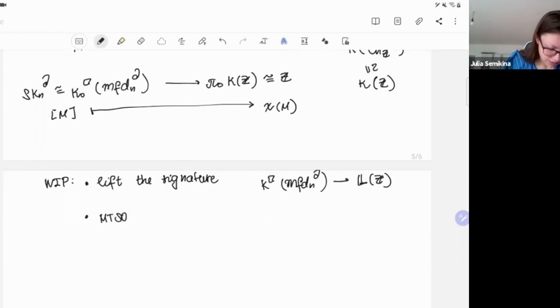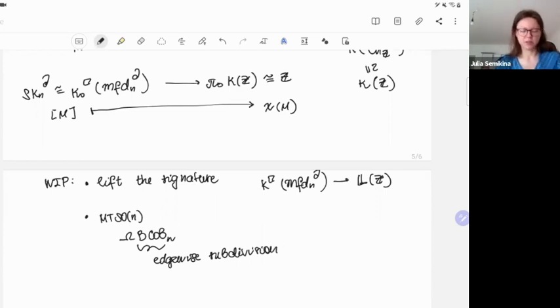MTSO(n) in the following sense: if you look at loops of the cobordism category, the infinite loop space that is BCob_n, you take one more loop space, this is MTSO(n). And if you take the edgewise subdivision of this, it is almost like our construction, but with little differences.